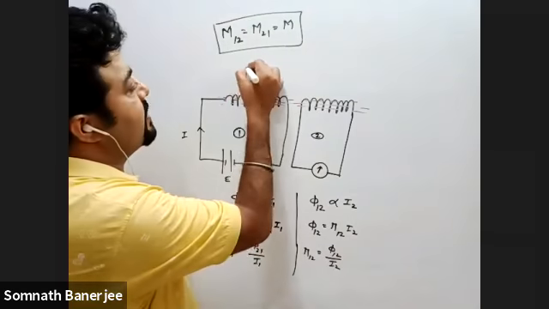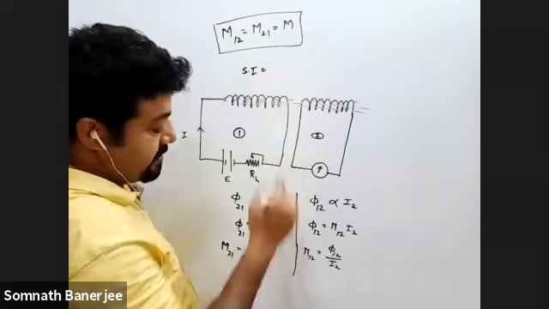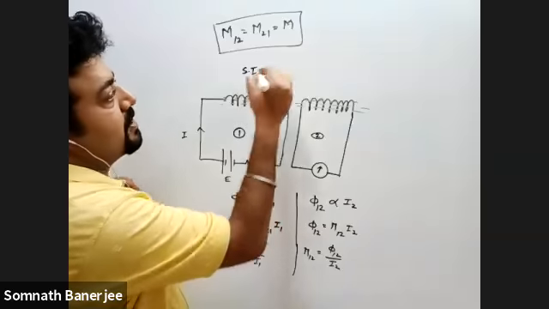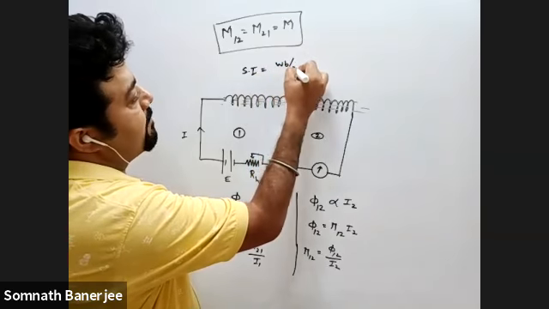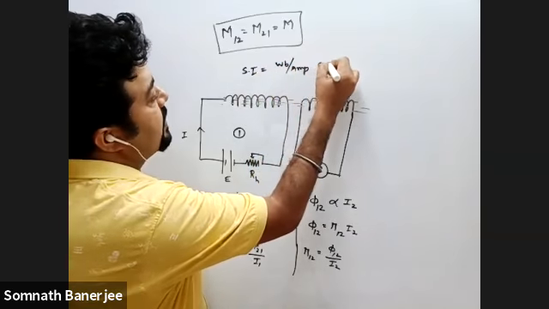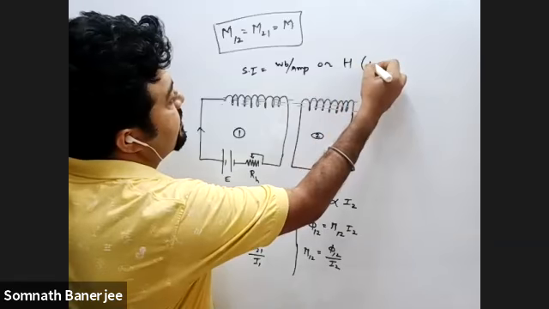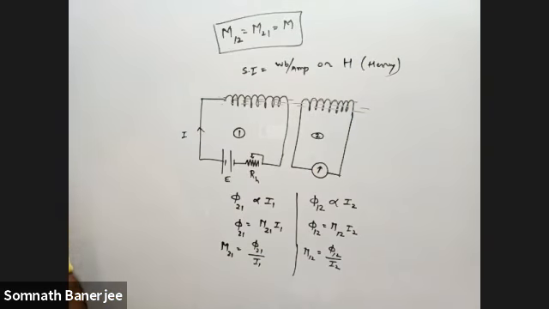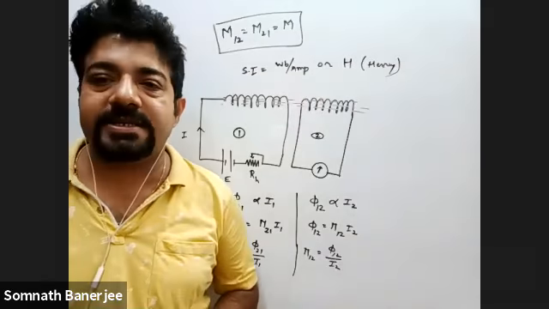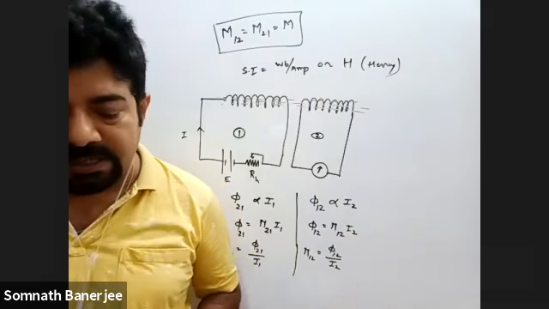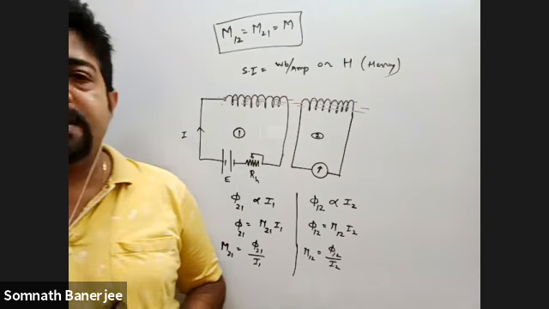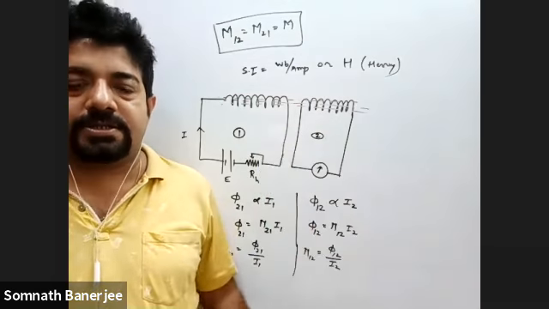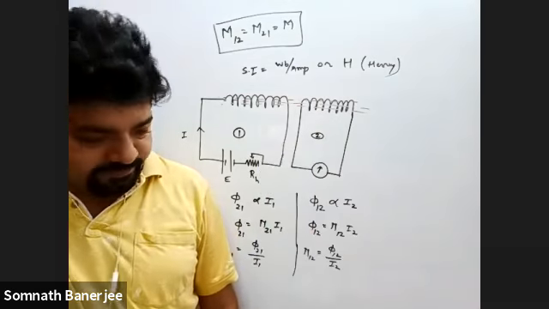And the SI unit, flux per unit current, is Weber per ampere, or we can say Henry, represented by H. So in both self-induction and mutual induction, the SI unit is Henry.